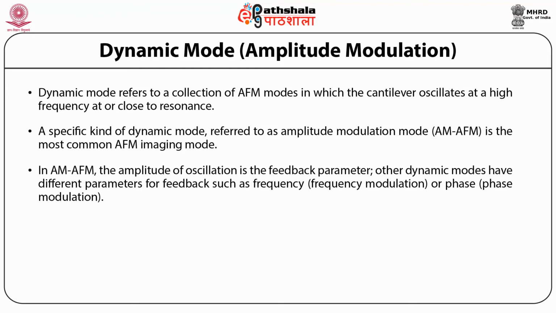In AM-AFM, the amplitude of oscillation is the feedback parameter. Other dynamic modes have different parameters for feedback such as frequency or phase for frequency modulation and phase modulation. AM-AFM is also referred to as the tapping mode or intermittent contact mode by other vendors.